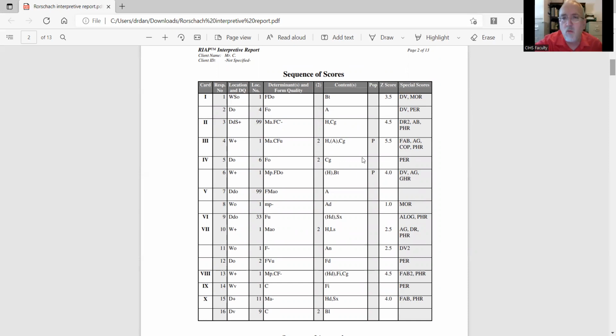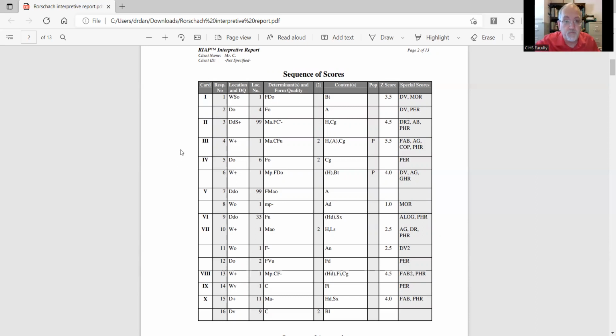Now, notice here, what's been listed for each card is the location and determinant. Notice how all of these look like what we have been talking about for each of the items: the location, the determinant, the content, popular score, and then there are things called special scores.